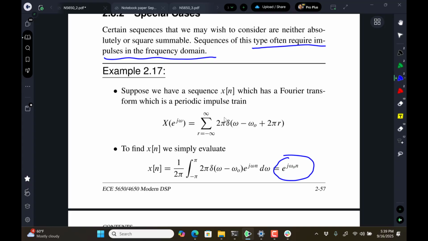And how do we get around that or make that seem not so nonsensical? You would just consider what lies on the interval minus pi to plus pi. It'd be that one green delta function, and then there'd be another one to the left and another one to the right, covering the entire axis.